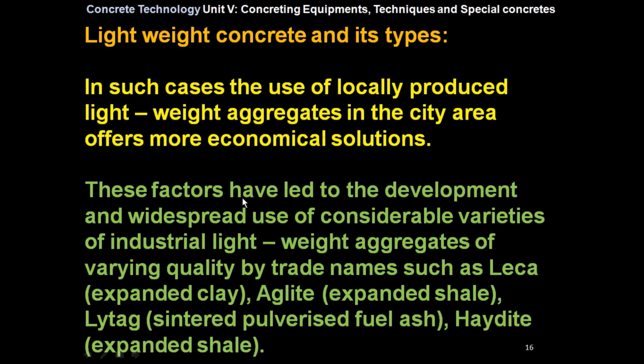These factors have led to the development and widespread use of considerable varieties of industrial lightweight aggregates of varying quality, sold under trade names such as Lika, that is expanded clay, algalite, that is expanded shell, litag, that is sintered pulverized fuel ash, hydite, that is expanded shell.